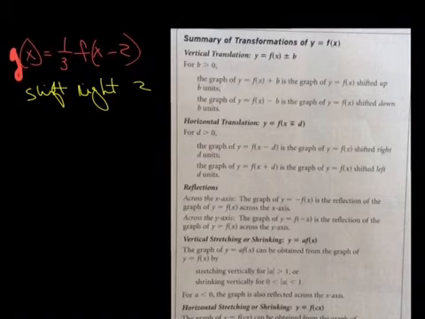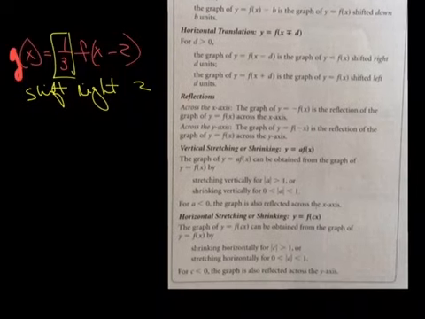All right, let's see. What else do we have? We have a number outside here. Let's see, where is that here? Right there. If you have a number in front, okay, what's going to happen is it's going to be a vertical stretching or shrinking.